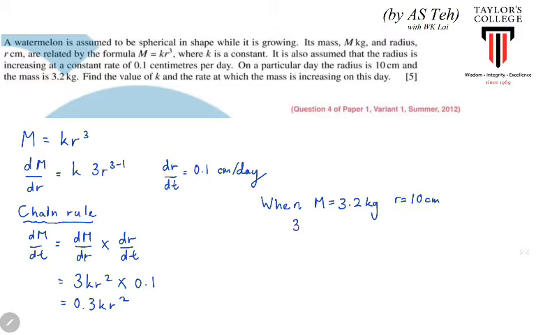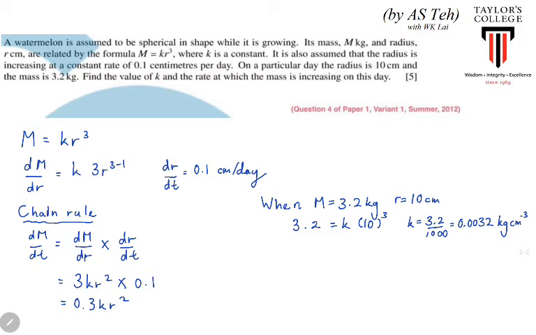I have 3.2 equals K times 10 to the power of 3, and I get K as 3.2 divided by 1000, meaning it's 0.0032 kgs per centimeter cubed.